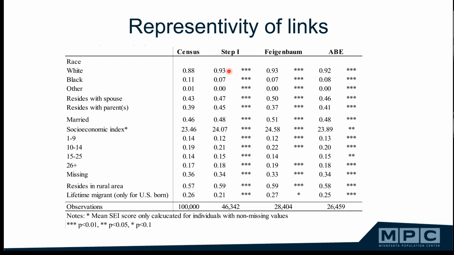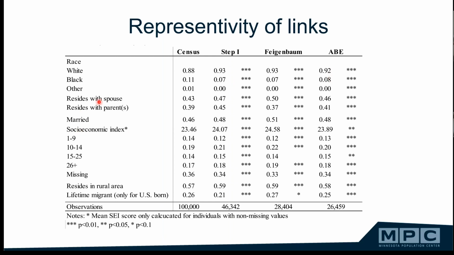Among the links that we obtained using our MLP method, we got an overrepresentation of whites: 93% whites, 7% blacks, so an underrepresentation of blacks, as we would expect. There's no huge difference when comparing the Feigenbaum and the ABE. The ABE seem to be doing slightly better, but it's no big difference.